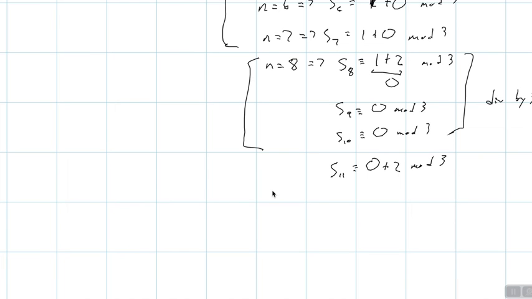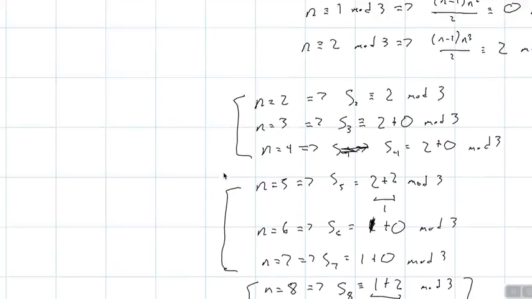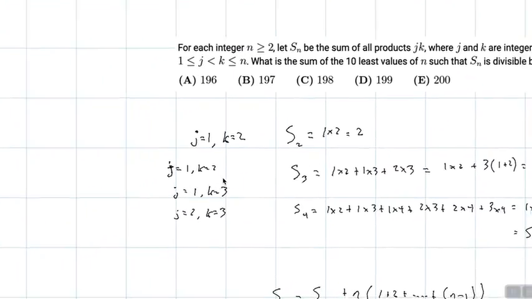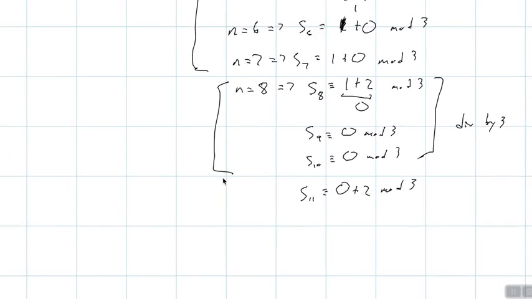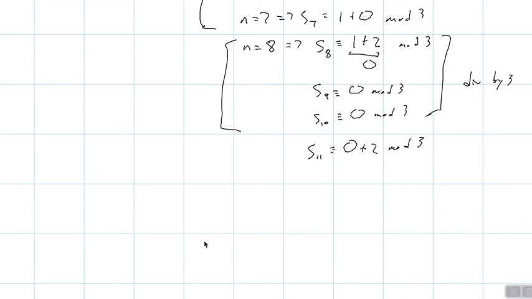So this is asking for the sum of the 10 least values of n such that S sub n is divisible by 3. Well, 3 of them are 8 plus 9 plus 10.